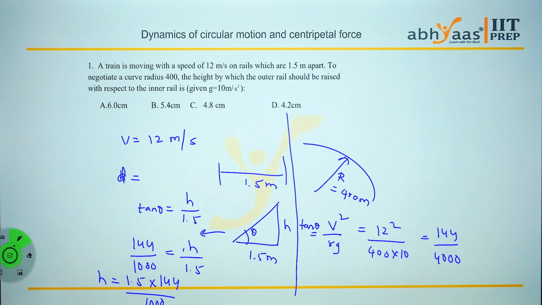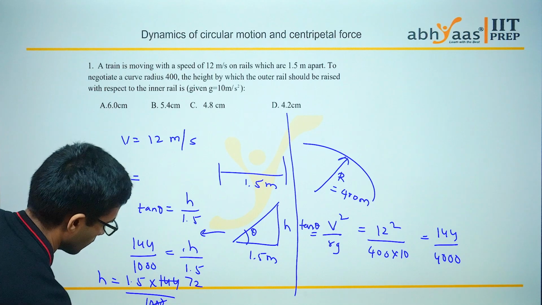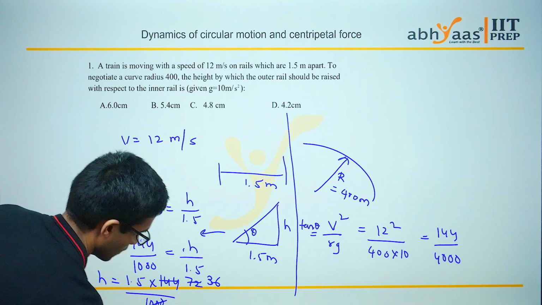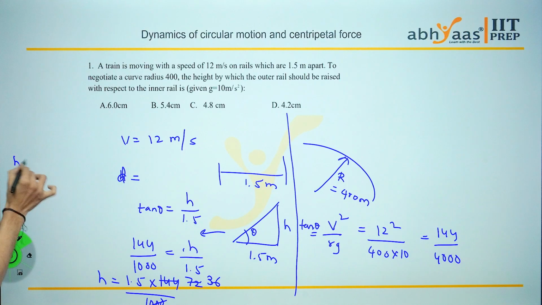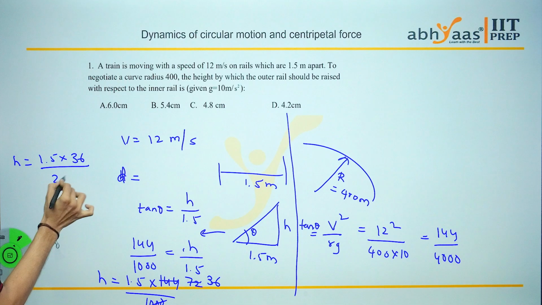Now if you calculate this, this is 72 by 500, next 36 by 250. So H is equal to 1.5 into 36 by 250.